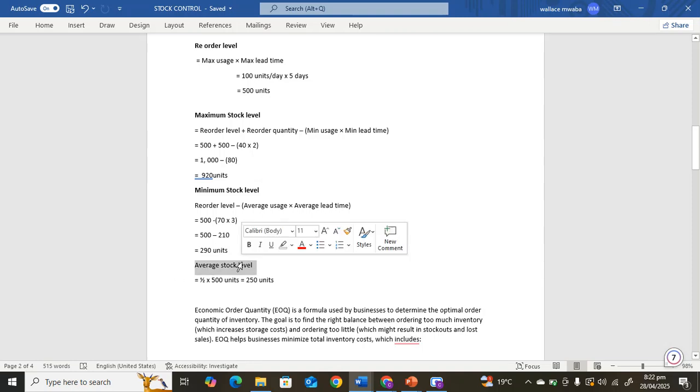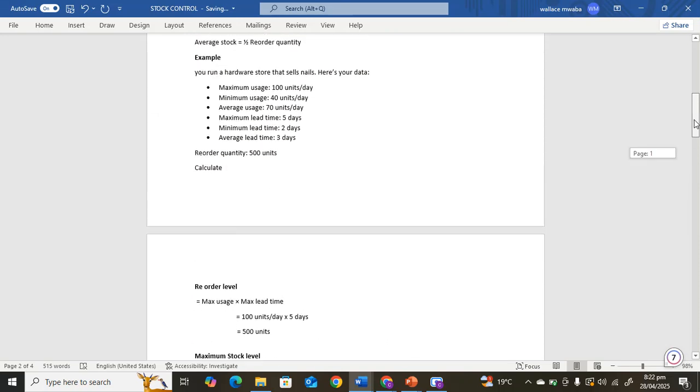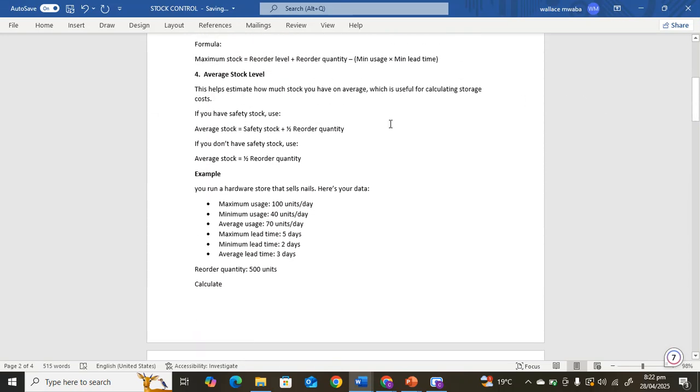The average stock level is just half of your reorder quantity. This is the formula for average stock level. Safety stock is like your emergency stock, for emergencies. If they give you safety stock, include it in the tabulation. But in this question we don't have safety stock.